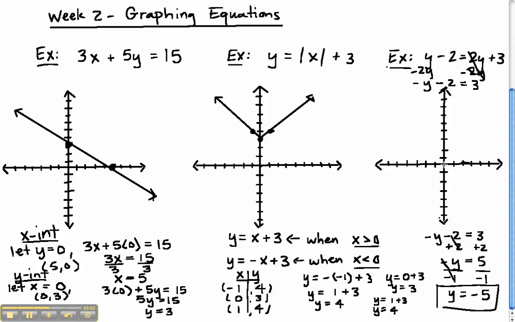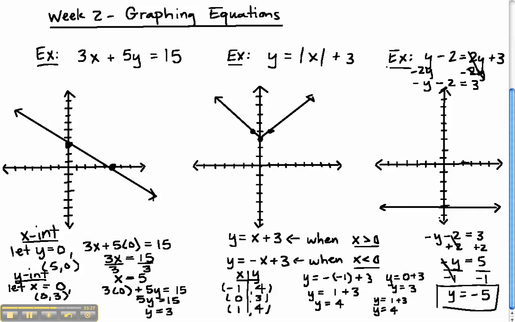So starting from my origin, I'm going to go down 5: 1, 2, 3, 4, 5. And I'm going to make a horizontal line at y equal -5. And so anytime you have y equal a number, it will be a horizontal line.